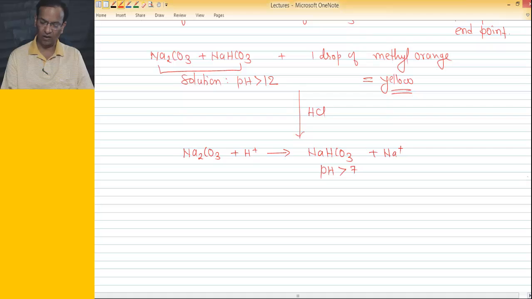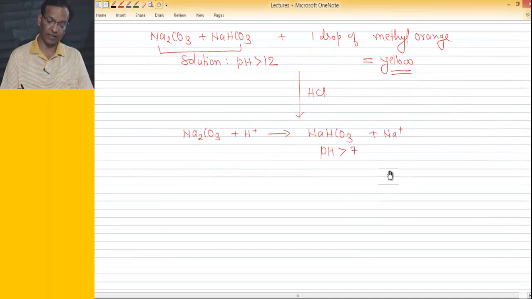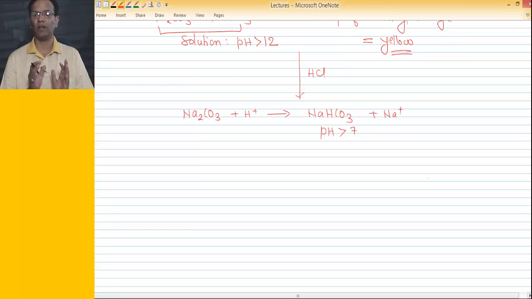It is around 10, as we have already stated. So methyl orange will not change its color at this point, since methyl orange maintains yellow color up to pH 5. So the solution will still remain yellow. We won't observe anything visually. So we'll continue adding acid.